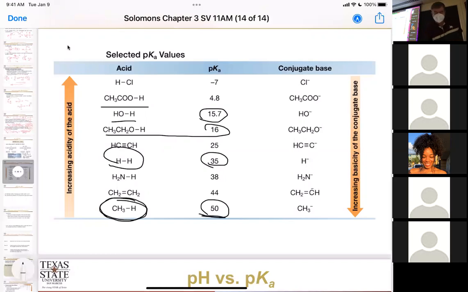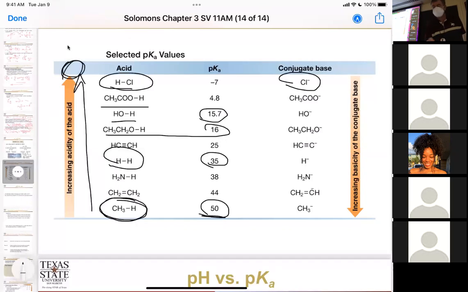So think about it that way. This is a very weak acid, but if you have something that can pull that hydrogen off, it will. If this is increasing acid strength, let's now look at our conjugate base. If this was a very strong acid, it wanted to get rid of that hydrogen so fast, it would give it to anything, so its conjugate base must be very stable. Its conjugate base must be very weak. That's the interesting thing. A very strong acid has a very weak conjugate base. They're diametrically opposed.